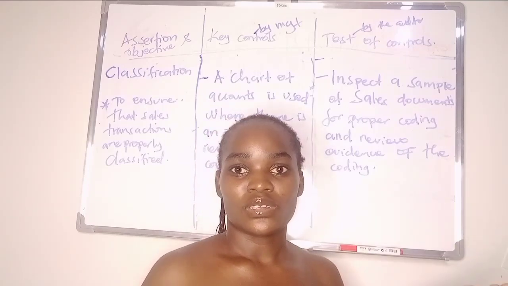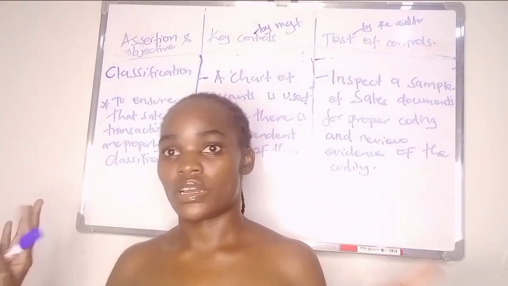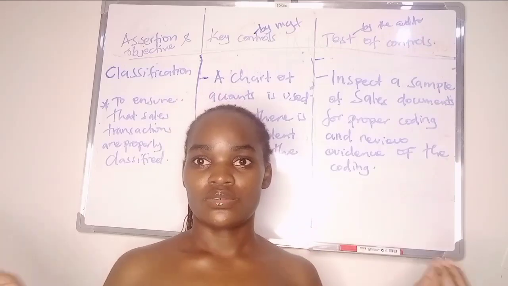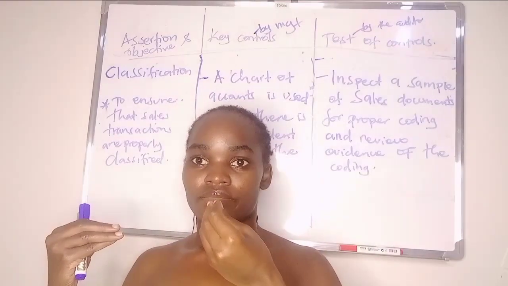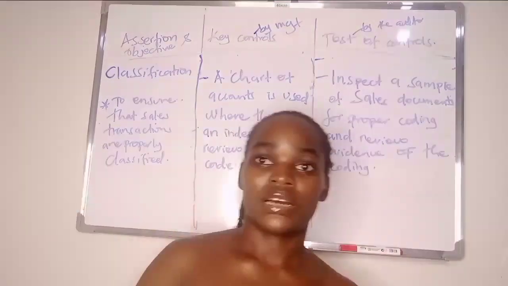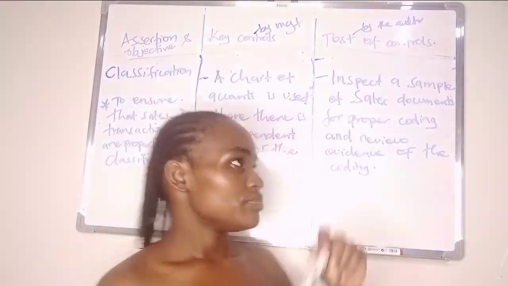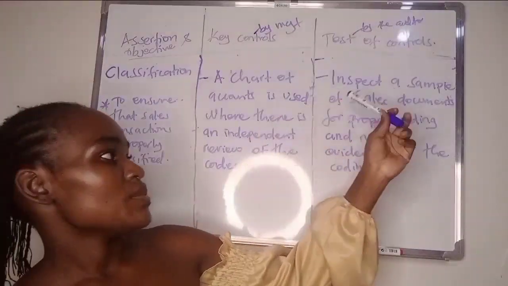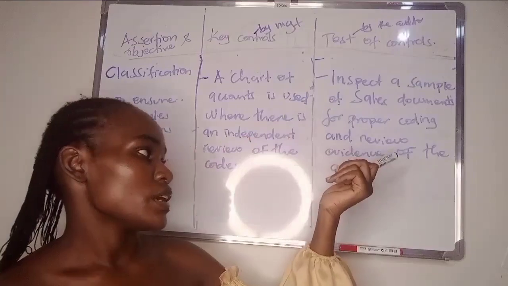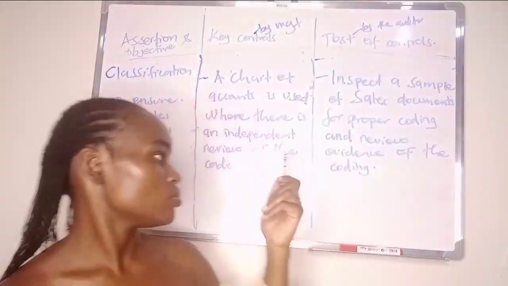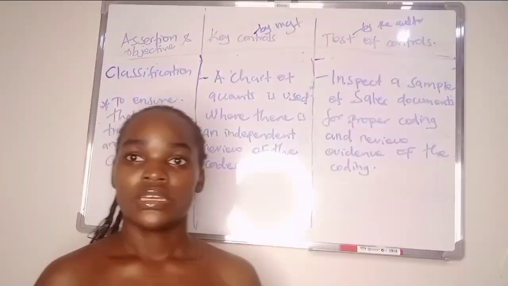So the auditor is also supposed to get evidence of the cash that was received. Was it received by bank or cash at hand? So inspect the sample of sales documents for proper coding and review evidence for that coding.